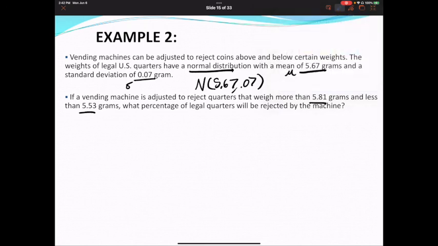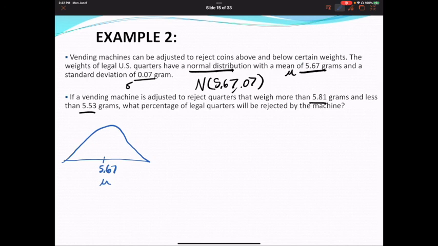So the first thing I want to do is I want to sketch a normal distribution, right? When approaching problems like this, even future problems that don't use the 68, 95, 99.7 rule, I would always recommend sketching a normal distribution. Even if you just label the mean and whatever data value you're looking at, right? This is a great way to set yourself up for success when solving these types of problems, okay?